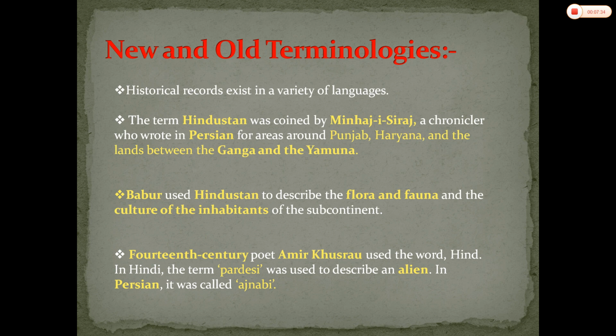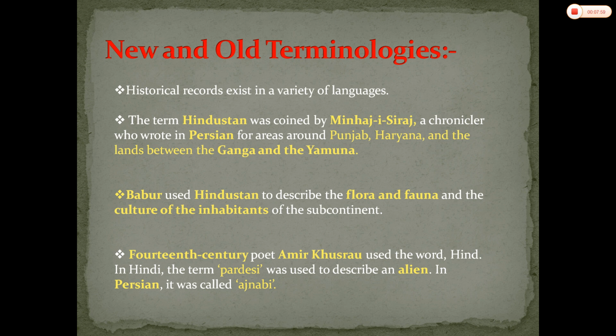Fauna means the animals. To describe the plants and animals as well as the culture of the inhabitants of the Indian subcontinent, he has used the term Hindustan. So, the use of the term Hindustan by Babar and by Minaj Siraj is very different, as you can see here clearly.